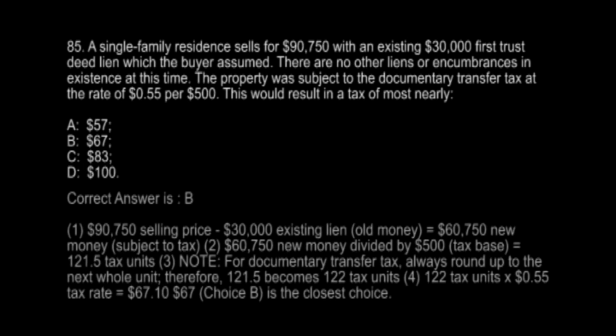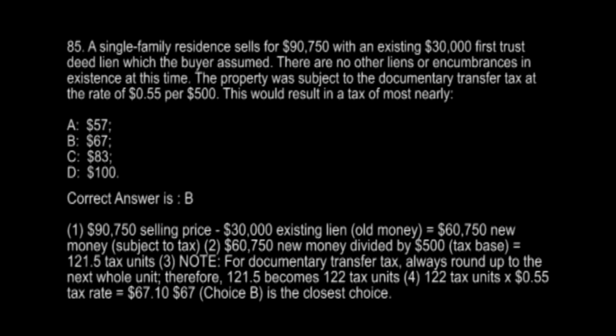Correct answer is B. 1. $90,750 selling price minus $30,000 existing lien, old money, equals $60,750 new money subject to tax. 2. $60,750 new money divided by $500 tax base equals 121.5 tax units. 3.